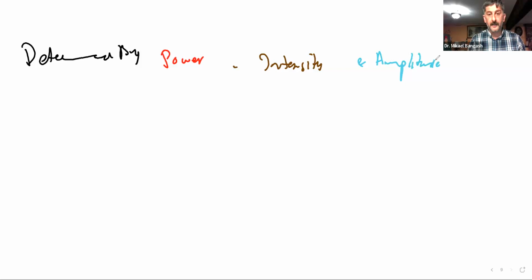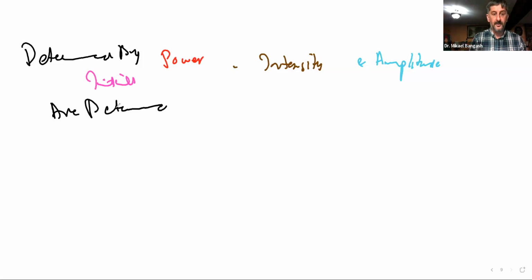Or we can say the initial power, initial intensity, and initial amplitude of the sound wave are determined by the source.